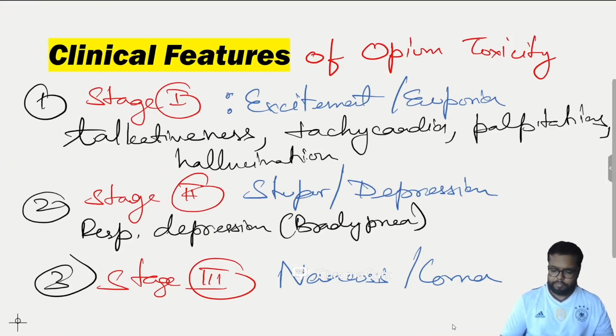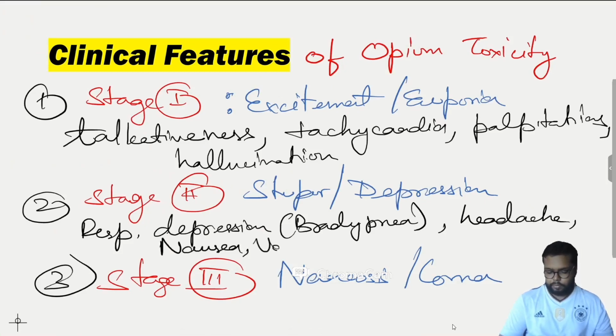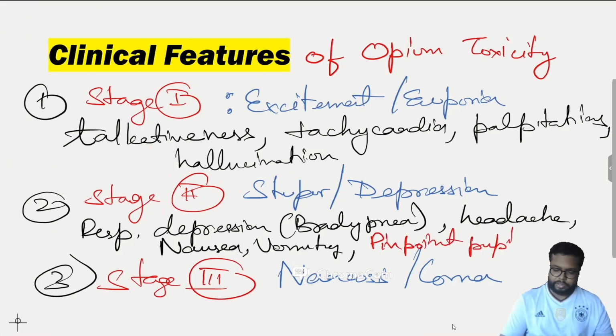Along with it, we will get headache, nausea, vomiting and pinpoint pupil. And bradycardia will also be present. Then the stage of narcosis or coma will come.